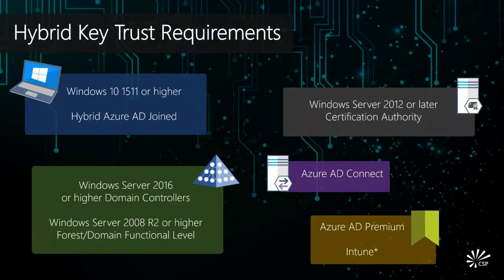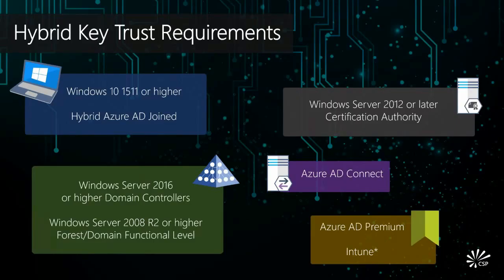Now, from a licensing perspective, I have Azure AD Premium listed here, and oddly enough, it's not a requirement for Windows Hello specifically, but it's a requirement for one of the dependencies for Windows Hello for Business, and that is multi-factor authentication. So if you recall, a passwordless credential is considered what's called a strong credential.